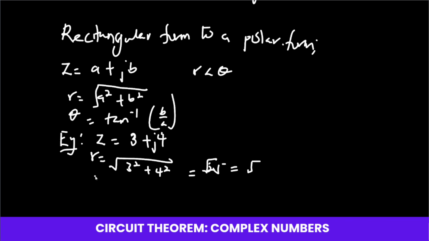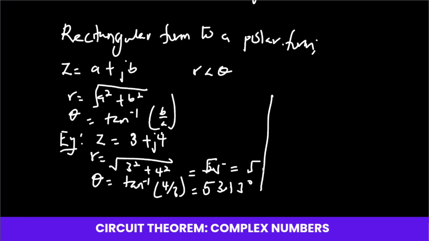And our theta is going to be tan inverse of 4 over 3, which is 53.13 degrees. Hence, in our polar form, we will represent it as 5 angle 53.13 degrees.